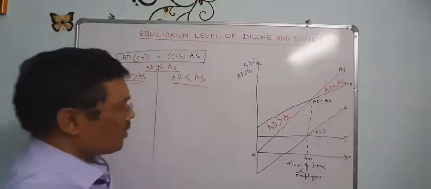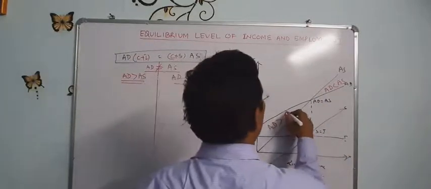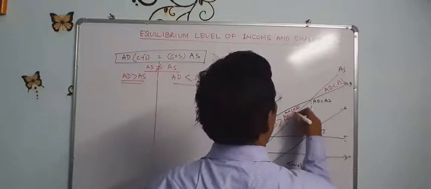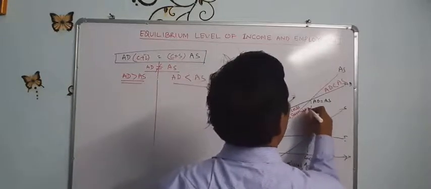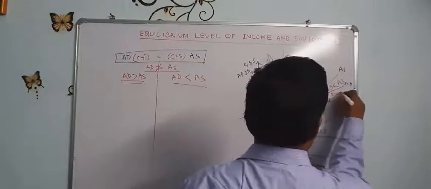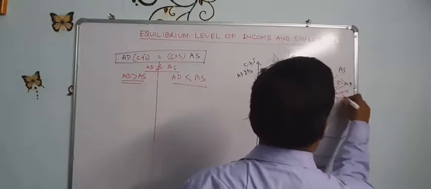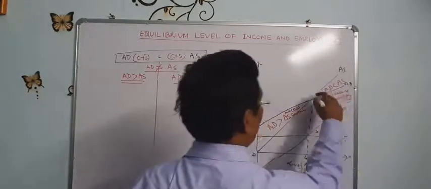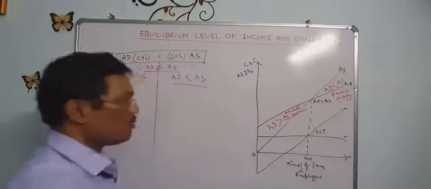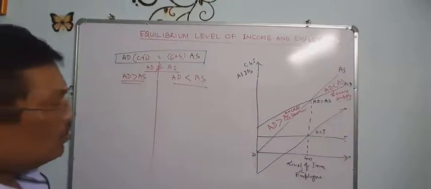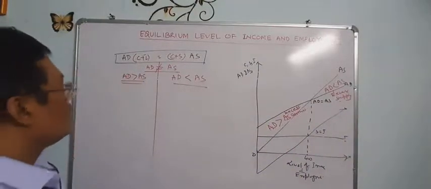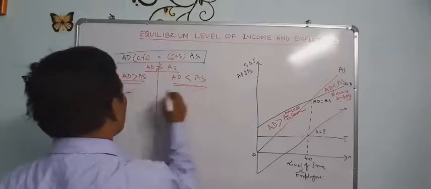Last period I was discussing, this is called excess demand, and this is called excess supply, where supply is more than demand.